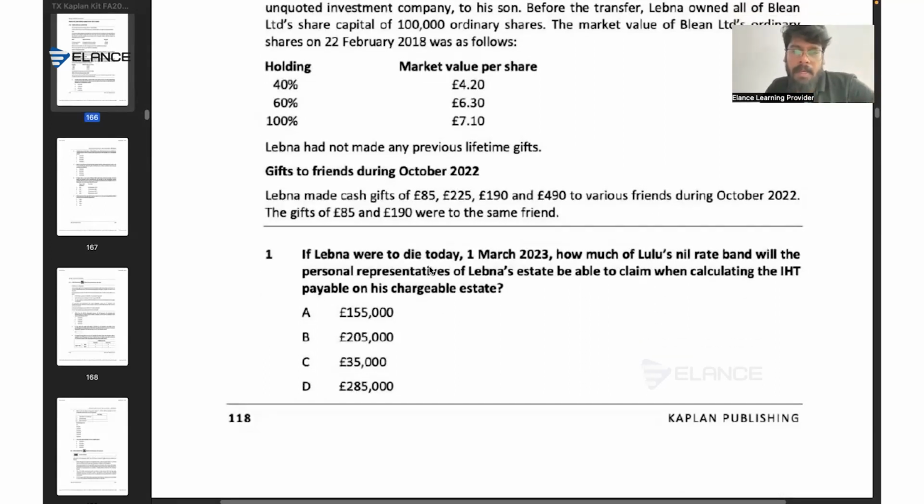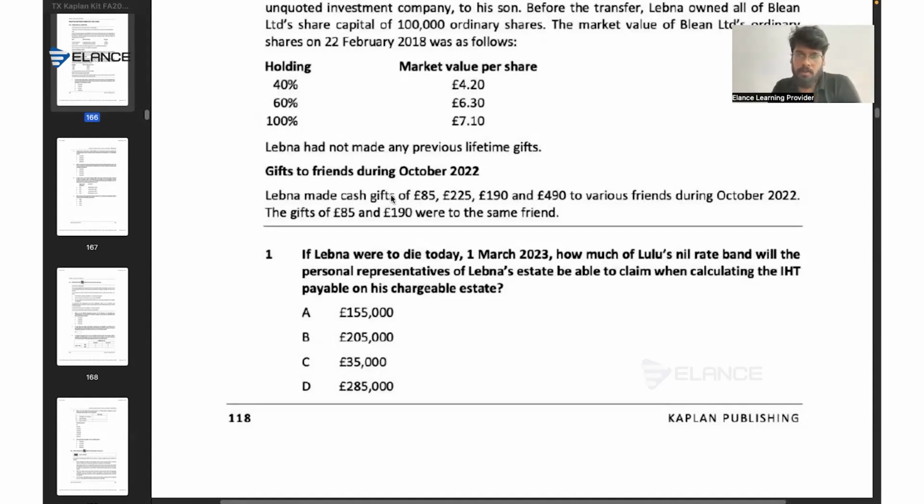If Lebna were died today, 1st March 2023, how much of Lulu's nil rate band will the personal representative of Lebna's estate be able to claim when calculating IHT payable on his chargeable estate? How much of Lulu's nil rate band?